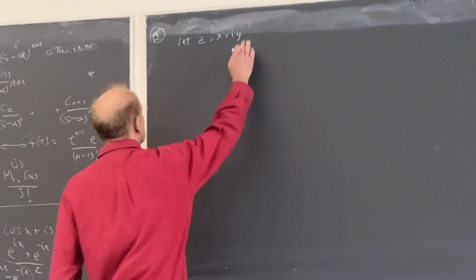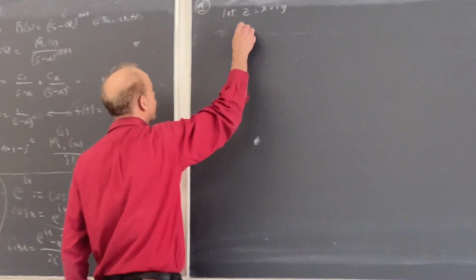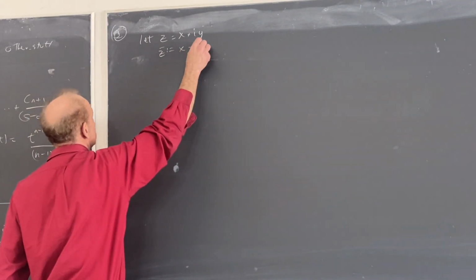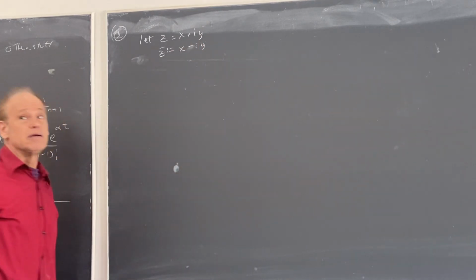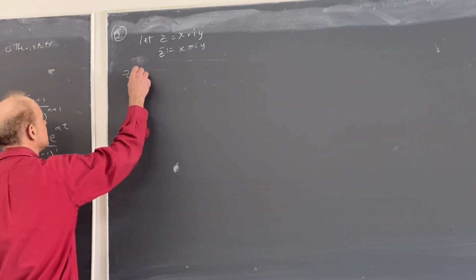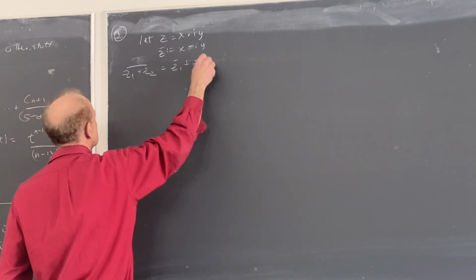So the first thing is I claim that z bar is defined as the complex conjugate, x minus iy. So when I put a bar on top, I turn i into minus i. And if I put two bars on top, I turn the minus i back into a plus i. The first thing to notice is that the conjugate of z1 plus z2 is z1 bar plus z2 bar.